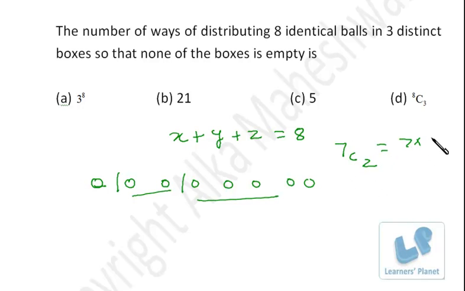So what is 7C2? 7 into 6 by 2, that is 21, right? So 21 is the total number of ways in which we can put these 8 balls among 3 boxes, or we can say the positive integral solution of this equation, right? The concept is the same. Okay, so I hope you are clear now.